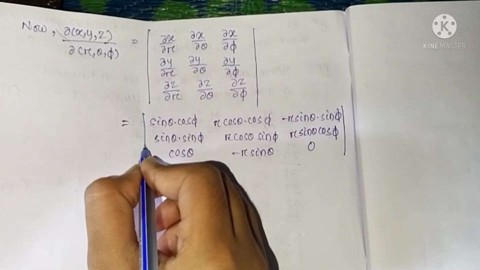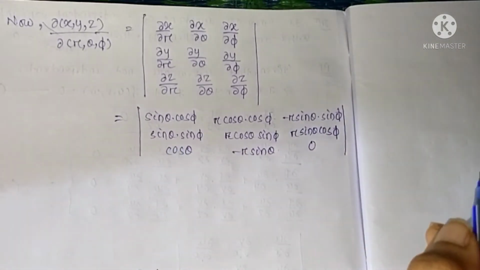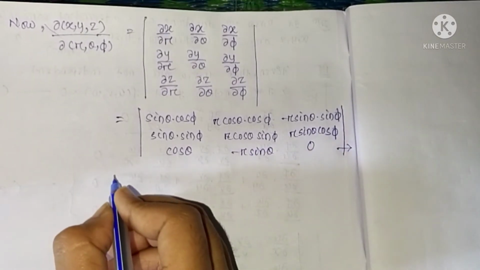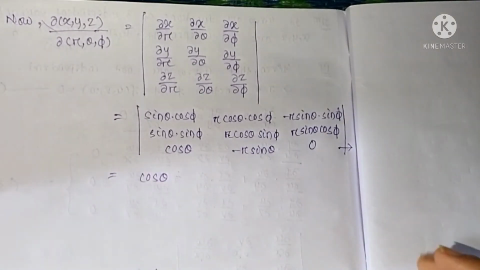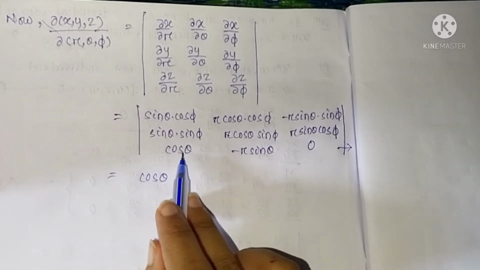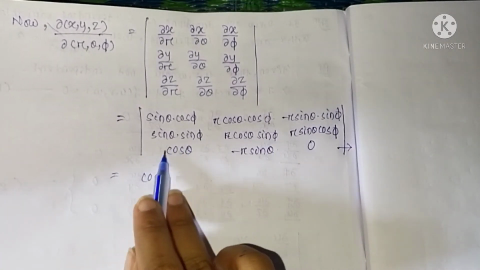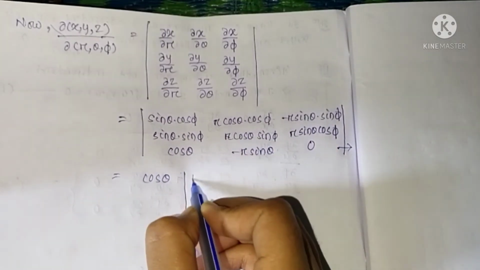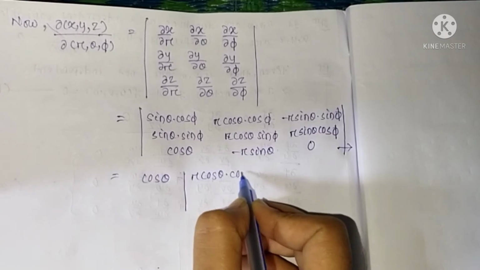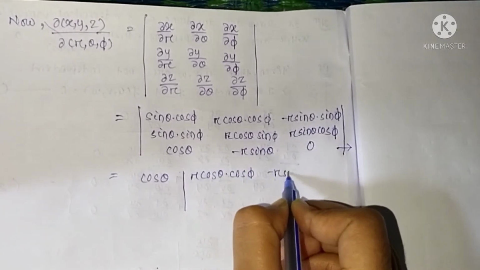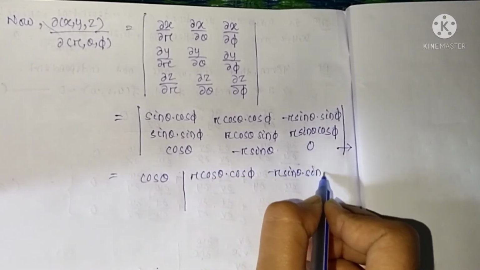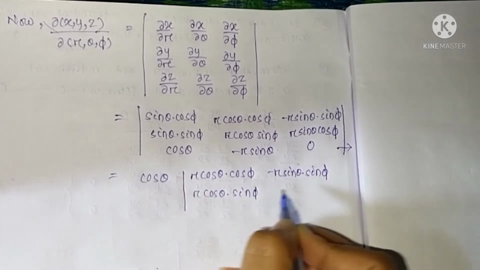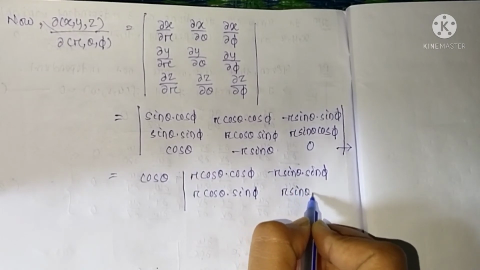Then solving this determinant, in this way we can solve. We expand along this row, first starting with cos θ. Cos θ times the determinant of r cos θ cos φ, minus r sin θ sin φ, r cos θ sin φ, r sin θ cos φ.